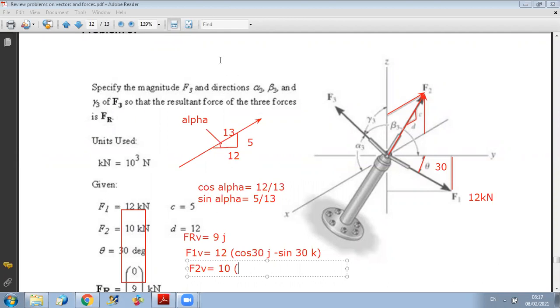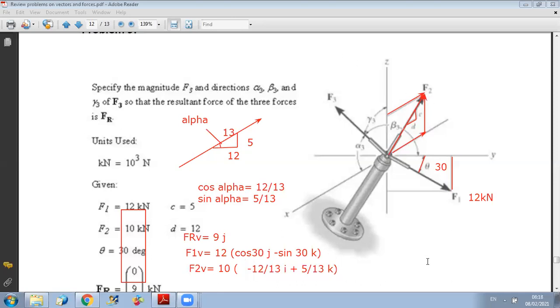If you look at your figure, you have a negative x component, so you multiply the magnitude by minus cosine alpha i, so it's minus 12 over 13 i, while along z you have a positive component, so it's plus 5 over 13 k. So this is your vector F2. Any question on how we found vector F2?